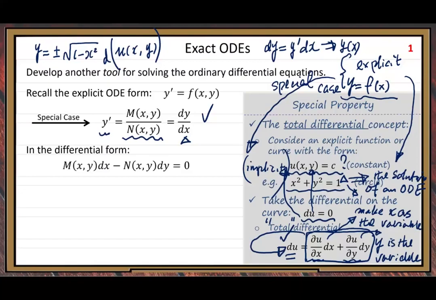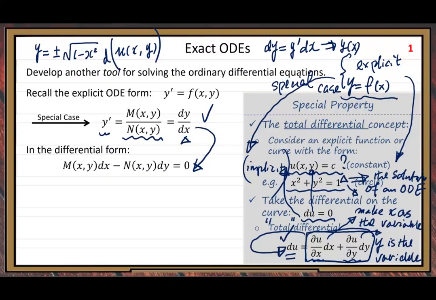Now we just do an equivalent transformation. Cross multiply, then move terms to the same side, so we get this equivalent form.